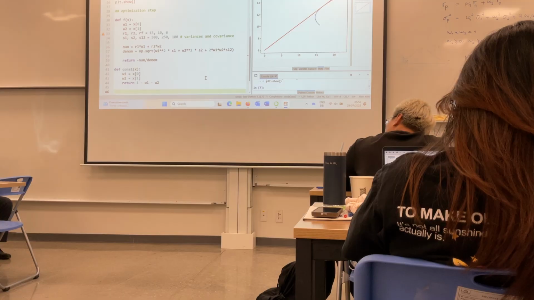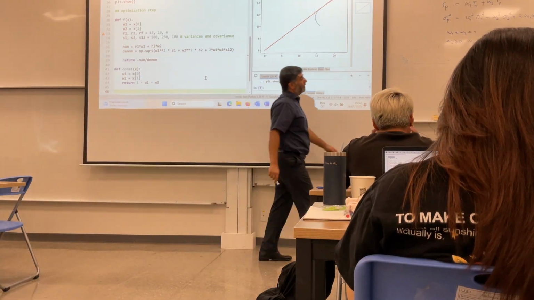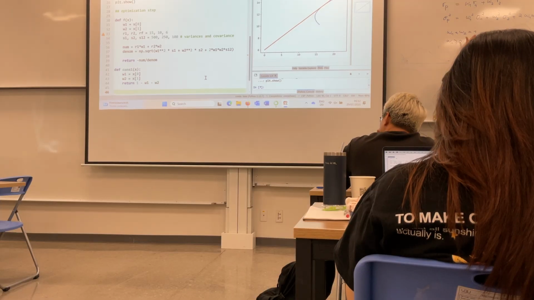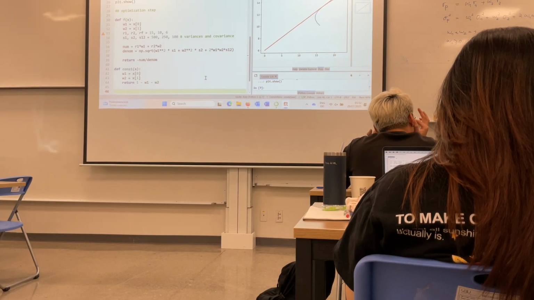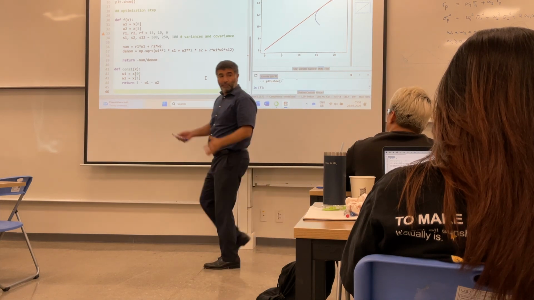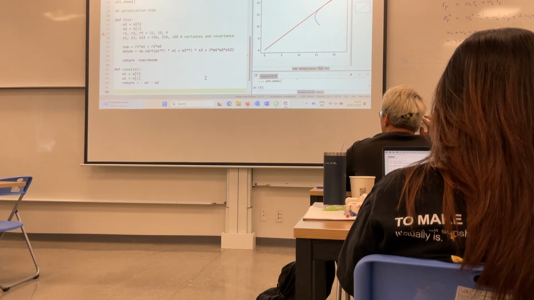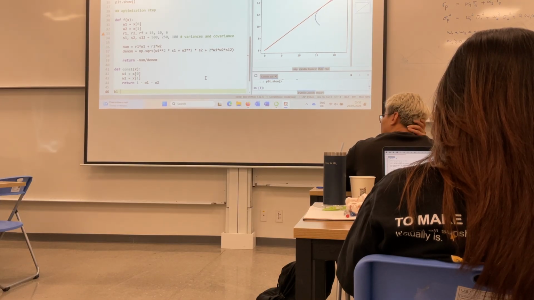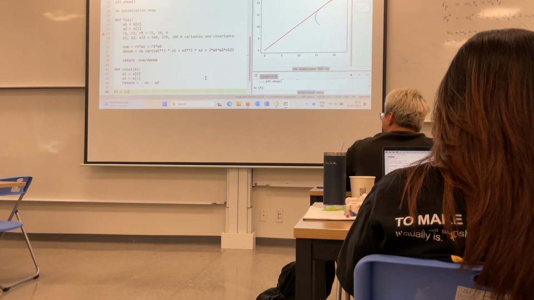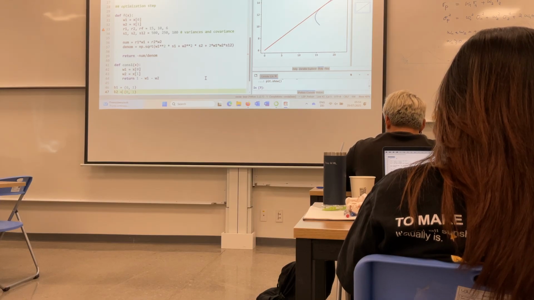But then we also have bounds. If the summation is 1 and the weights are positive, then W1 and W2 should both be between 0 and 1. So every variable has a bound. We generate the bounds too. The first one has a bound, passed as a tuple, and that is the bound for the second.